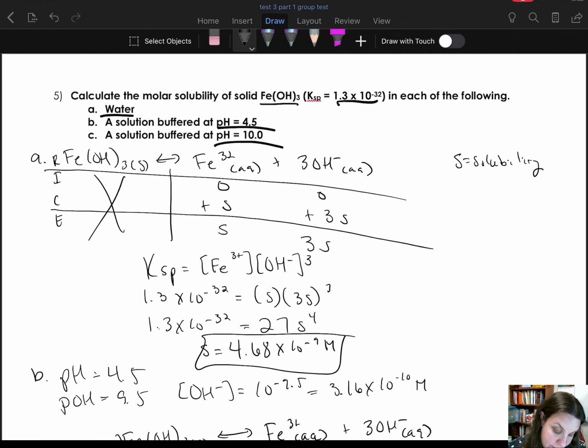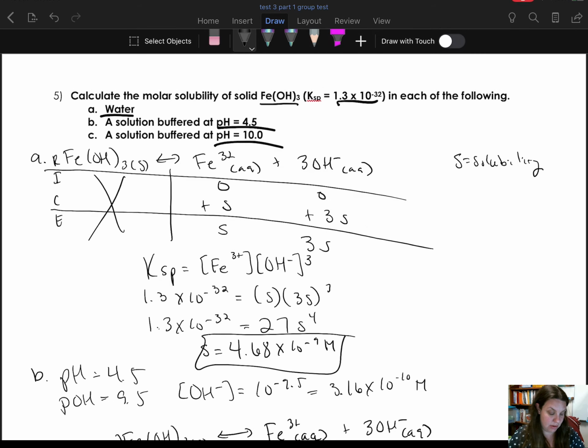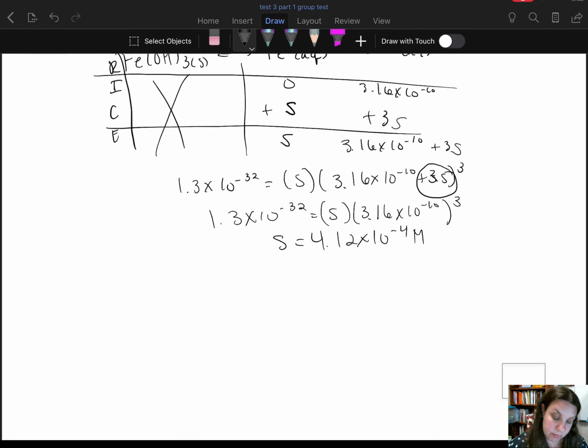And then when we solve for S, we get an S value of 4.12 times 10 to the negative 4. So a higher concentration. Technically, we simplified a little too much with this one, but I accept that.